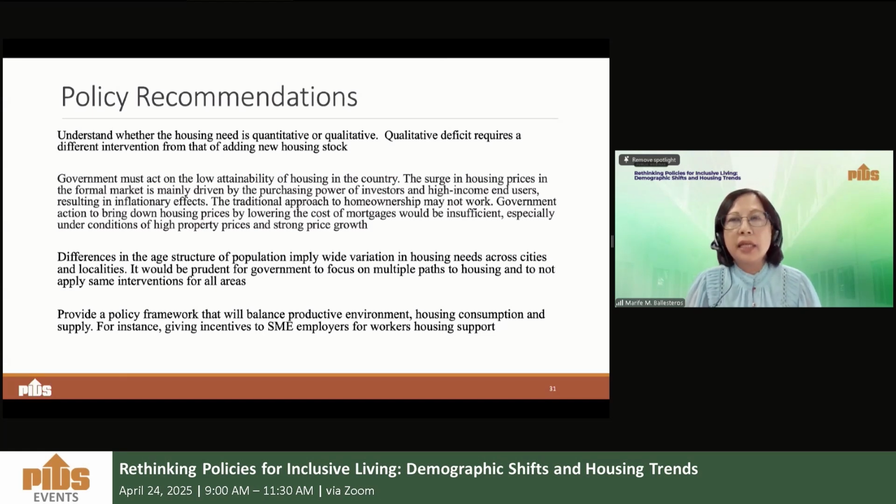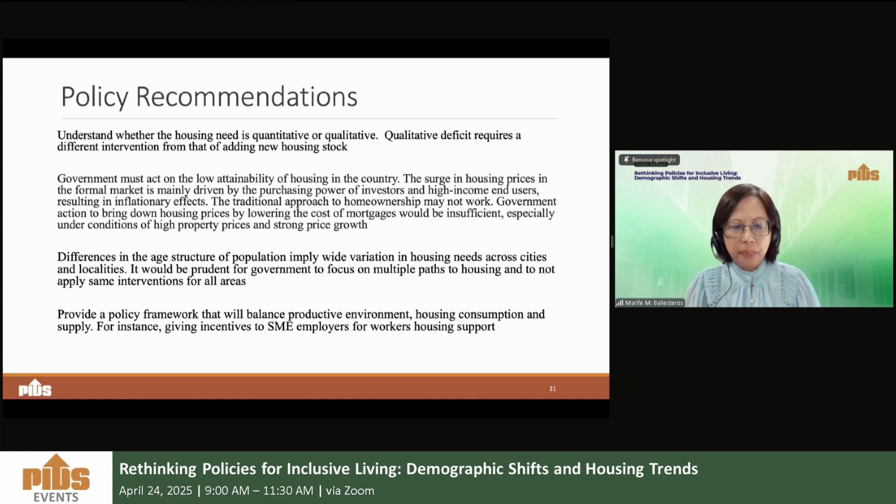Then you can do anti-speculative measures, which can be done through financial regulations, such as having financial ceilings on loan to real estate value, providing higher taxes for foreign borrowers of housing, which is actually done in other countries. So ensuring that there's no over-borrowing from rich families for residential investment. So these are the things that drive demand artificially and, of course, housing prices.